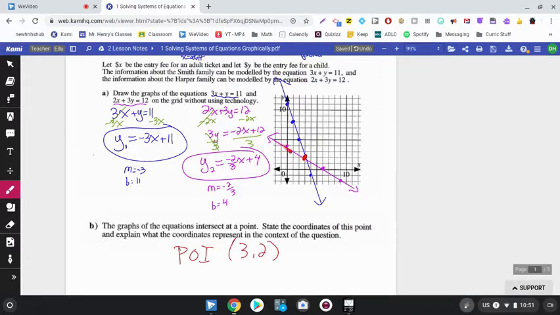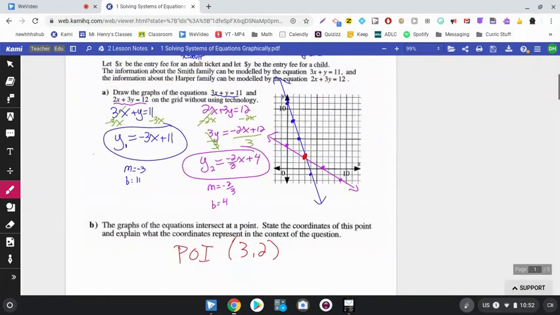The purple line has x of 3, y of 2, and the blue line has x of 3, y of 2. Every other point on the blue line is not on the purple line. This is the only moment where they share a point, or share x and y values.